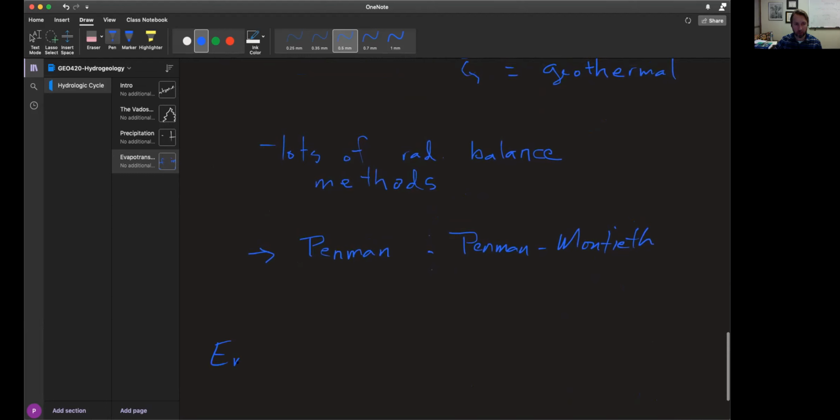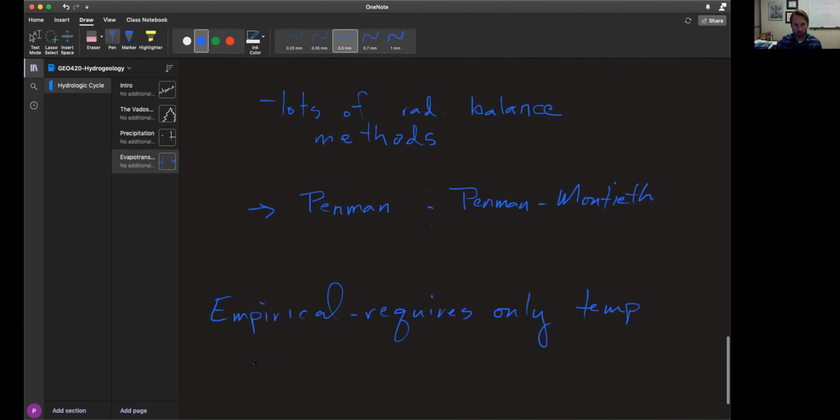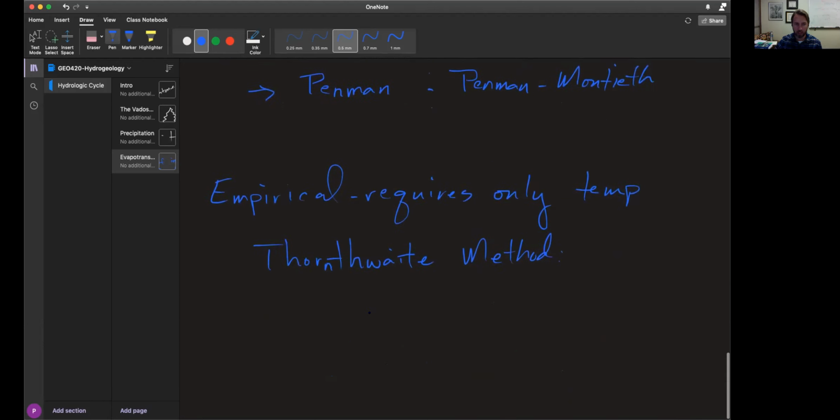Another empirical method that we're going to use that requires only knowledge of temperature is the Thornthwaite method, and it's loosely based on the radiation balance, in that it's using just the temperature.